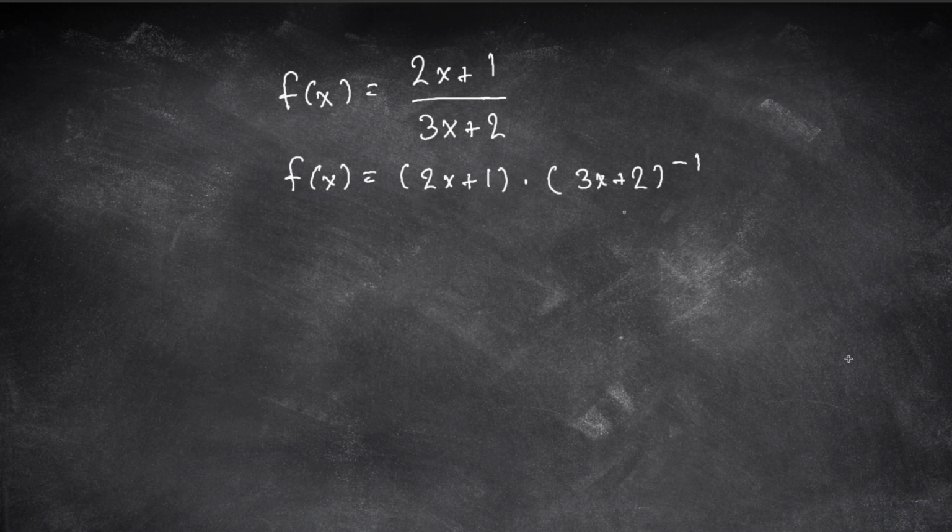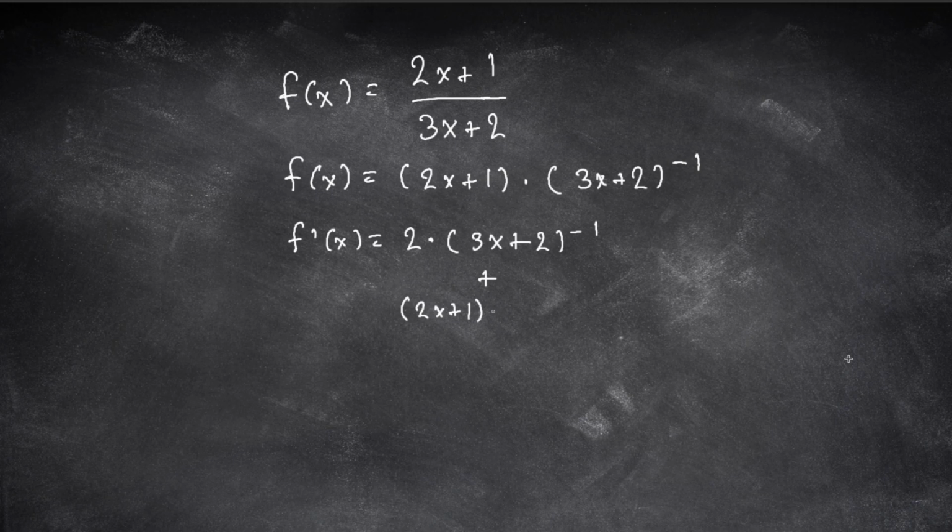Now taking the derivative of this, the derivative of our first one, derivative of 2x is 2. Derivative of 1 is nothing, so we just leave it as 2. Multiply by whatever's left over, 3x plus 2 to the power negative 1, plus, keep the first one the same, so 2x plus 1 now.